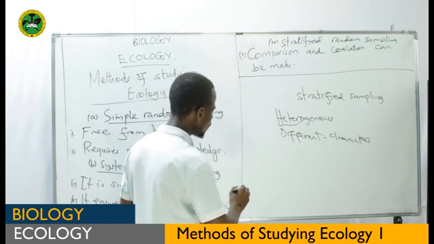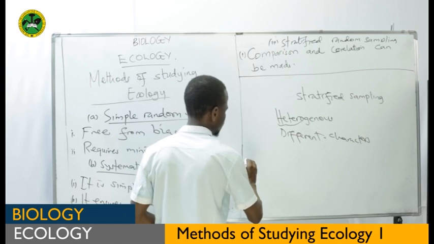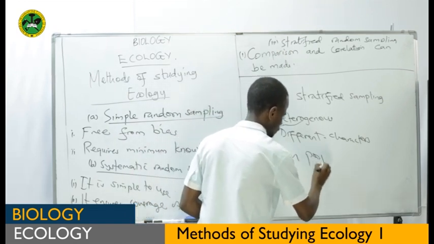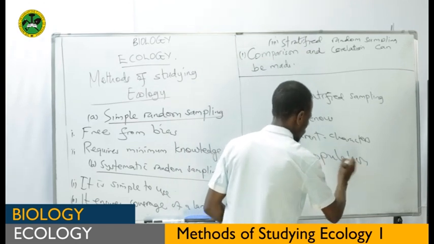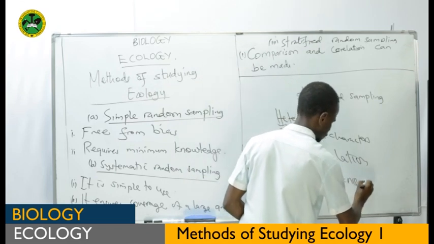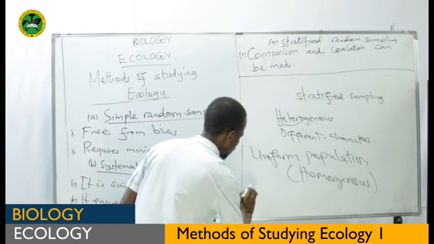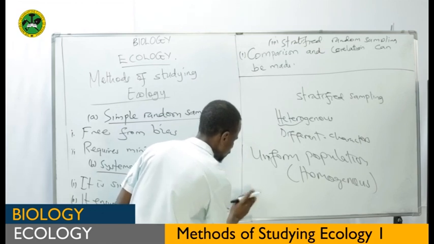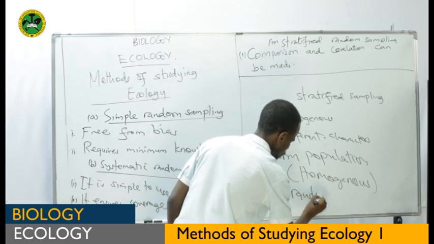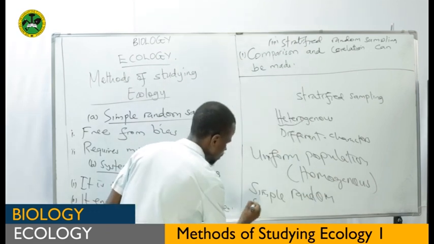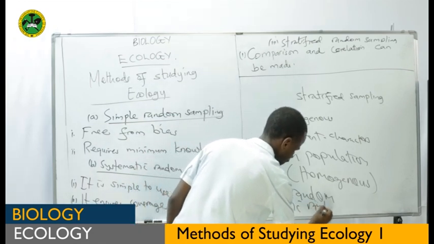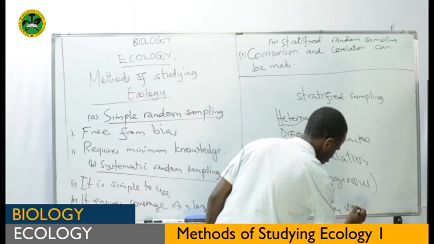But when you have a population which is uniform, homogeneous members are present, you can use simple random sampling. You can also use systematic random sampling.